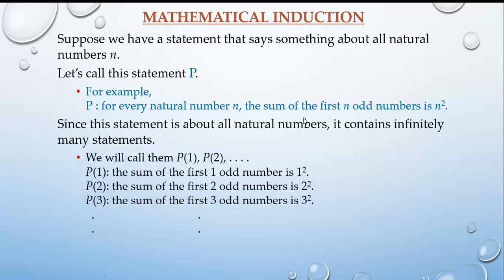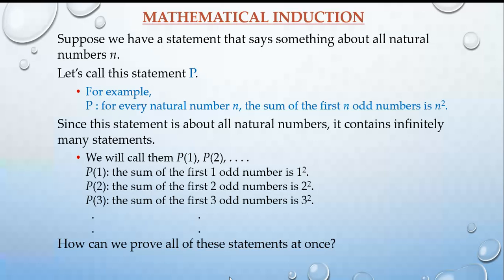Suppose we say P1, P2. What is the meaning of P1? P1 is that the sum of the first one odd number is 1 square. P2 means the sum of the first two odd numbers is 2 square, and P3 means the sum of the first three odd numbers is 3 square, up to like that.